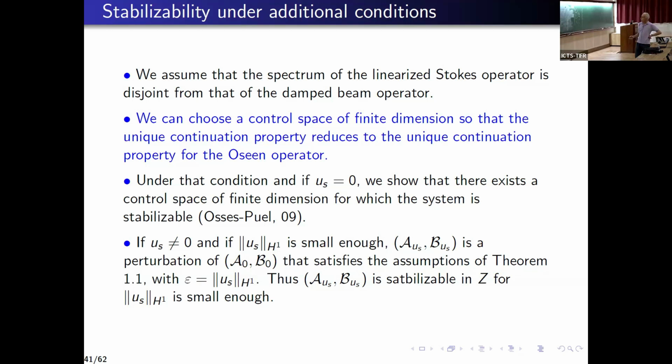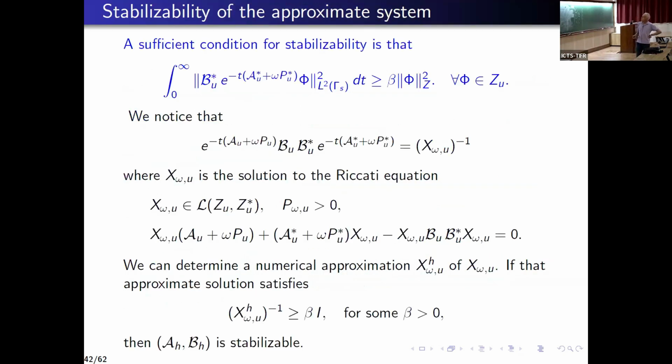In that case, we can apply the first theorem I presented in lecture 1, saying that if this space is stabilizable, and we know it is because of this result, then this one is also stabilizable. So it's a kind of theoretical result, but for US small. So what can be done otherwise? We can try to check something numerically.